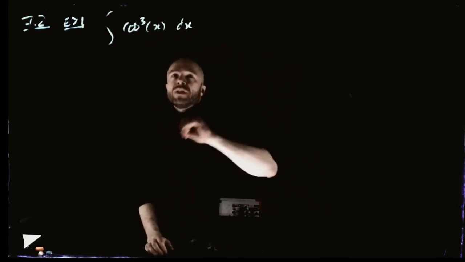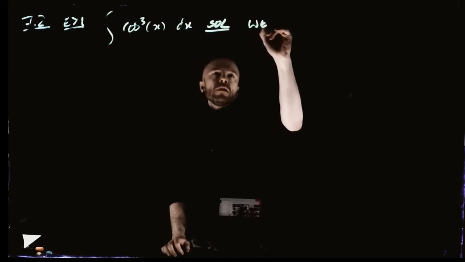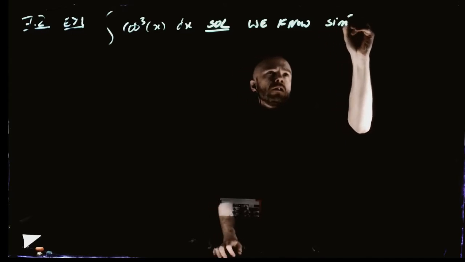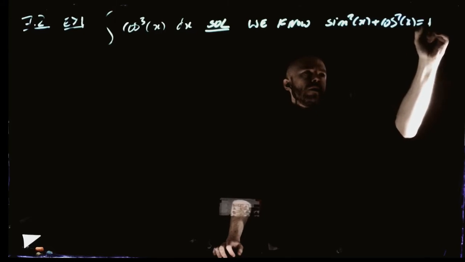And what do we know? We have this trig identity, sine squared of x plus cosine squared of x is equal to 1.